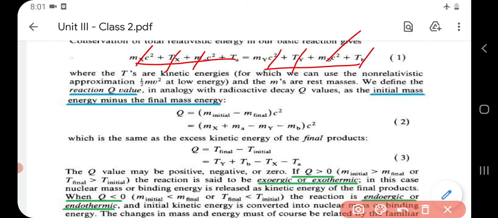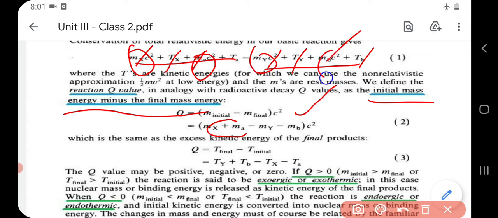So the reaction Q value is defined as initial mass energy minus final mass energy. It is represented by the equation Q = (mass initial minus mass final) c². The initial mass is m_X plus m_a, minus the final mass, m_Y plus m_b. When we take the minus sign inside, it becomes minus m_Y and minus m_b.